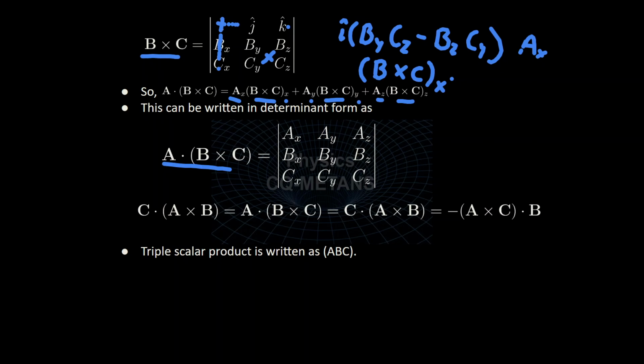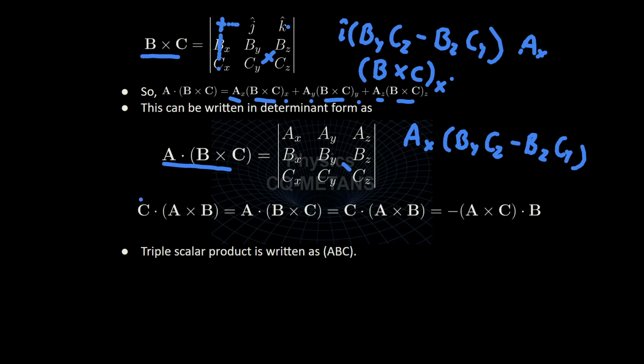We solve this determinant, so only the x component. It will be Ax times this By times Cz minus this Bz times Cy. So we get this same expression. Similarly, if you complete this, you will get all these things.